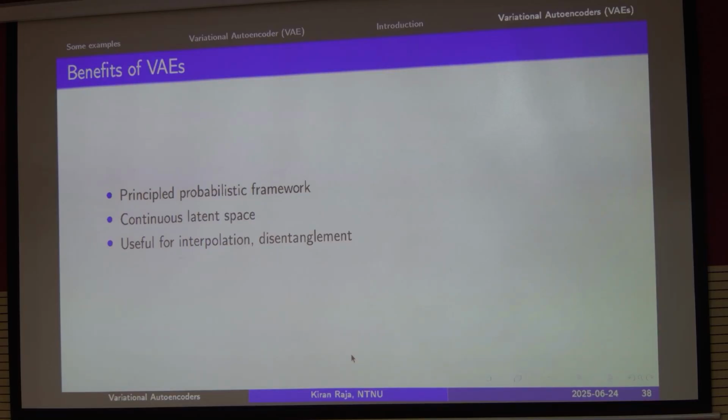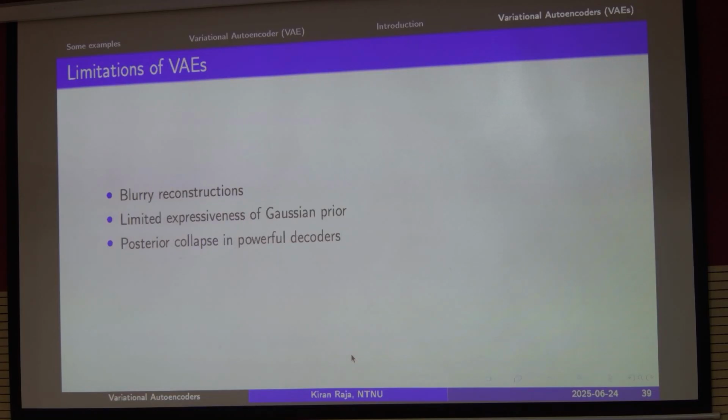But these are the benefits, and there are also some limitations. The limitations are that very often they tend to come up with blurry reconstruction. The reconstruction can be pixelated, for instance. One way to deal with that is to try to encode it, but how many combinations of blur can you encode? So you cannot diversify the latent space so much, and there is some inherent problem.